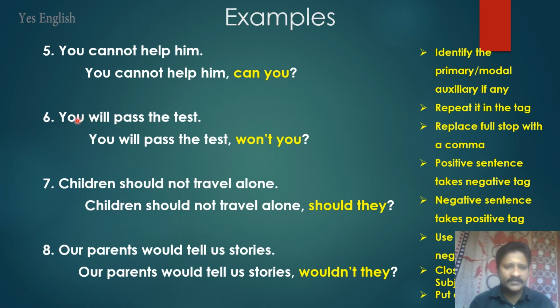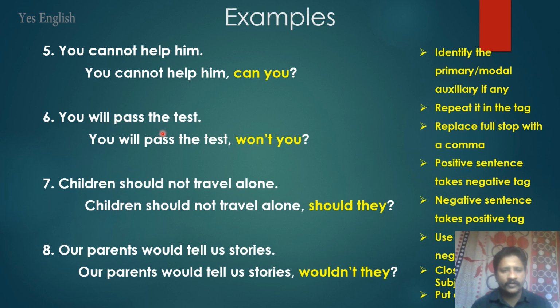Similarly, number 6, you will pass the test. See, the full stop is replaced with a comma. And then you can see that there is a modal auxiliary verb here, will.